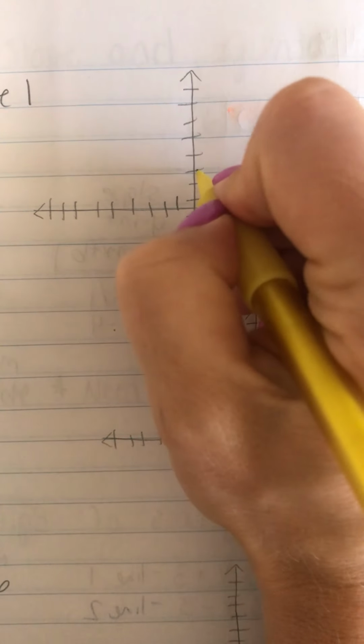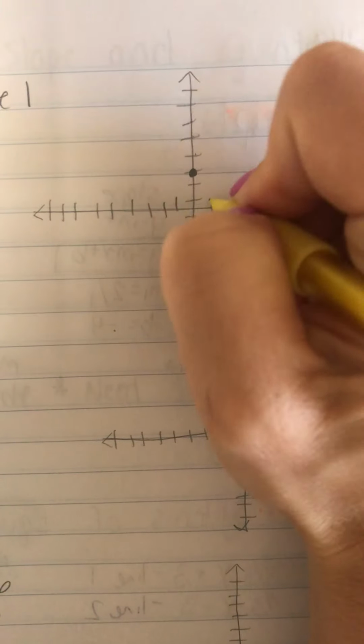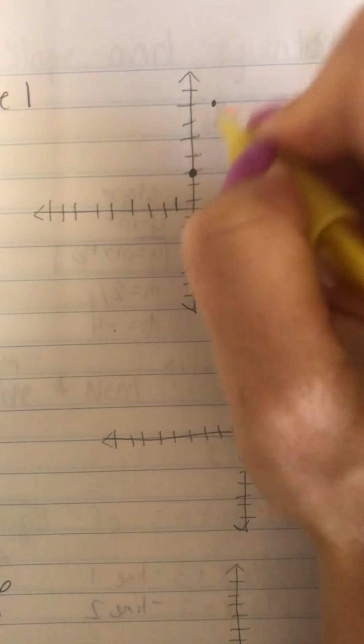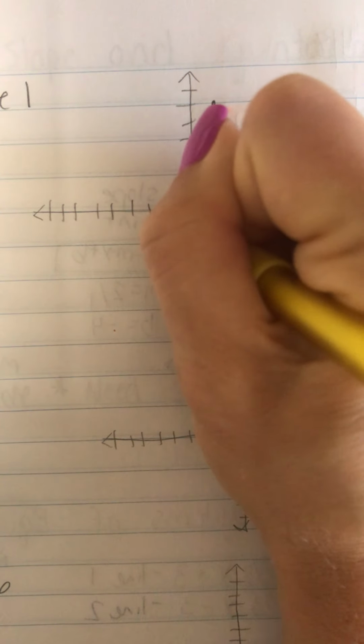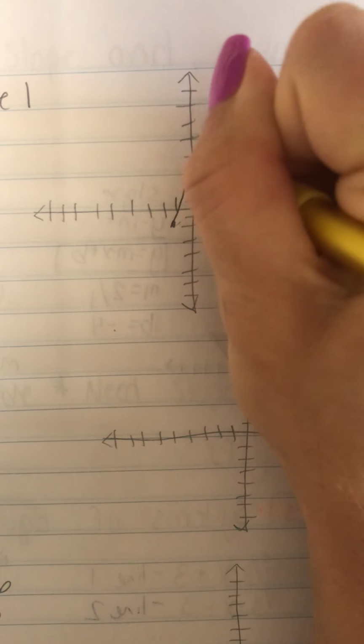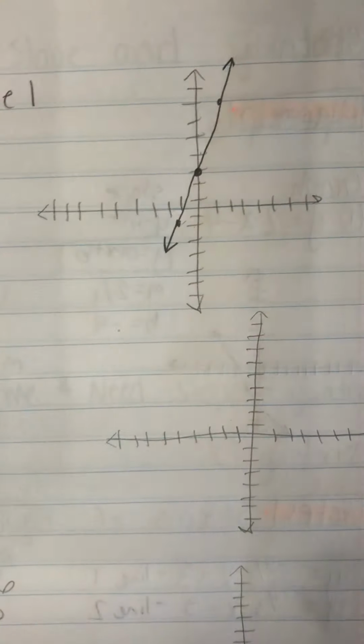Let's go ahead and graph it. I start at 3. My slope is 4 over 1. 1, 2, 3, 4 over 1. I also want to go down and to the left. Remember, you're looking for where these two lines intersect, so you're going to have to do a couple of points.